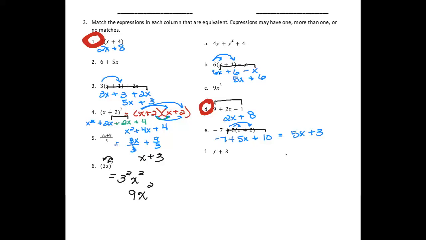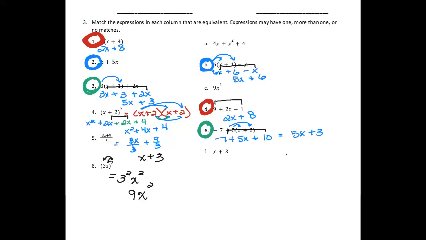Number 2, 6 plus 5x is the same as B, 5x plus 6. Number 3, 5x plus 3. Wait. Yeah, 5x plus 3. Okay, so that is, bless you, 3 goes with E.